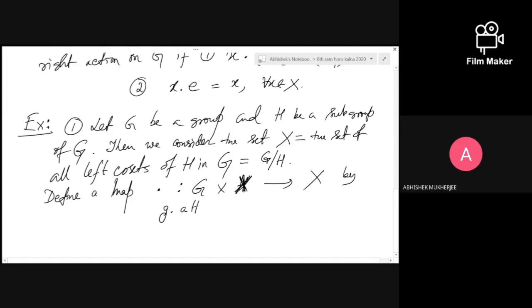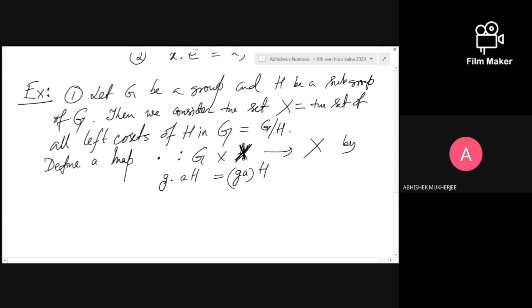The definition will be g dot aH goes to which left coset? gaH. So this is the definition of the map. Now we will check whether it satisfies 1 and 2.